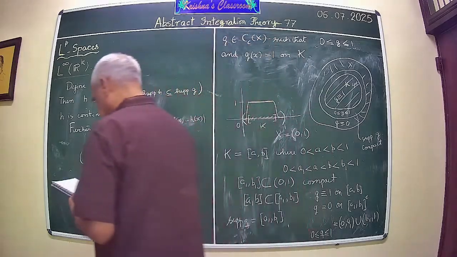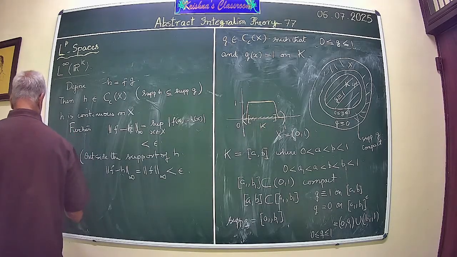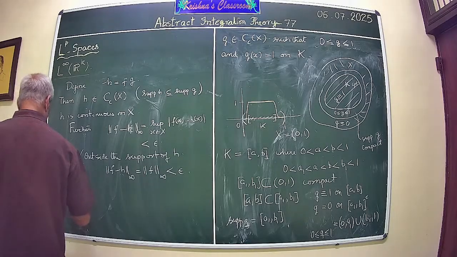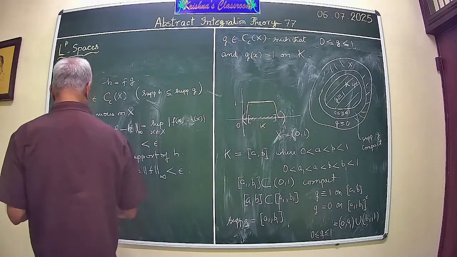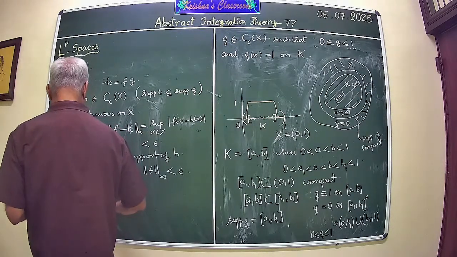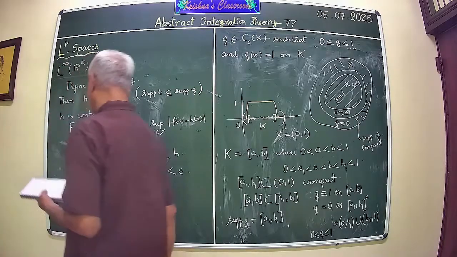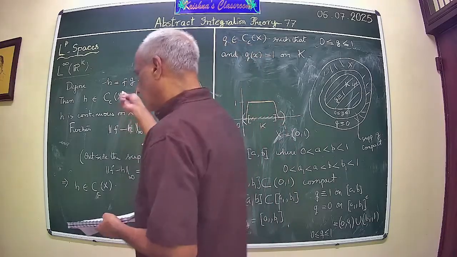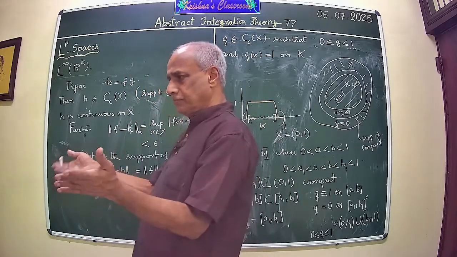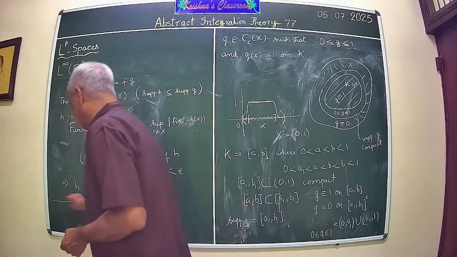Therefore h belongs to CCX. So you have actually constructed, given f, an h which is in CCX. So that is the first part.